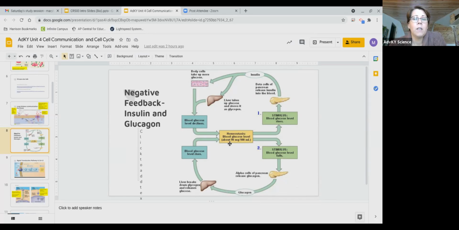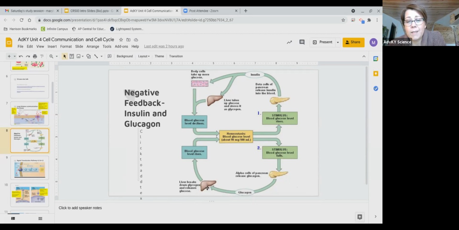And then, later in the day, you get busy, maybe you forget to eat lunch and you're hungry, your blood sugar levels have fallen. And so that would be a stimulus to tell your pancreas to release a different hormone, glucagon. And then that can tell your liver, hey, you stored some excess glucose earlier.